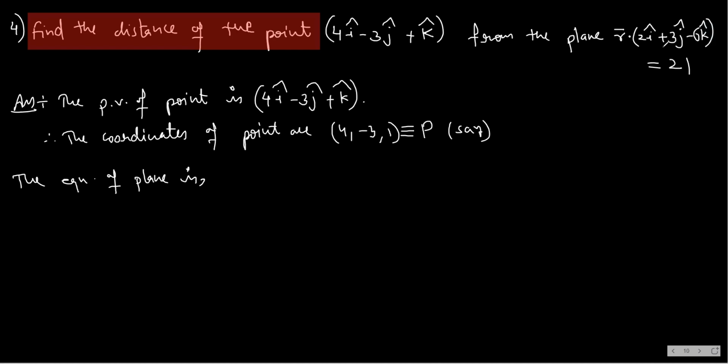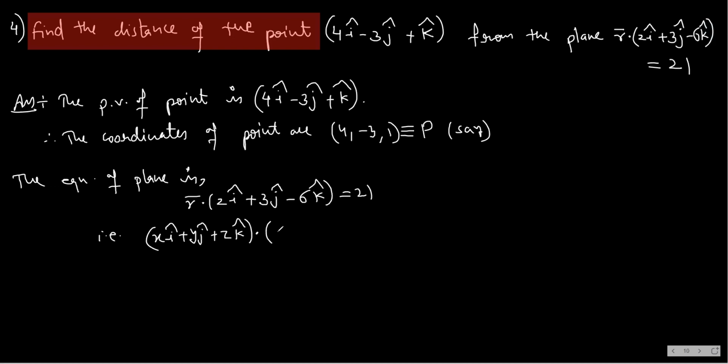R bar dot 2i cap plus 3j cap minus 6k cap equals to 21. Now, you know, students, that R bar is always xi cap plus yj cap plus zk cap, dot 2i cap plus 3j cap minus 6k cap equals to 21.